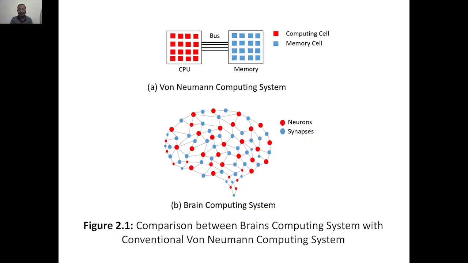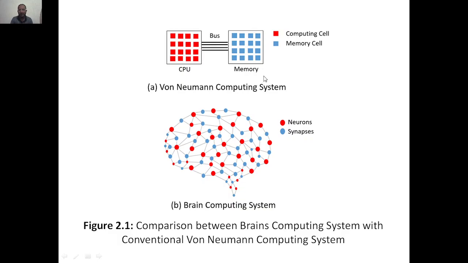There will be a bus, that is, a communication system between the computing system and the memory cells. So the CPU will compute, and there will be a two-way connection to the memory. The CPU will receive the input, process the input, and then store it as memory.